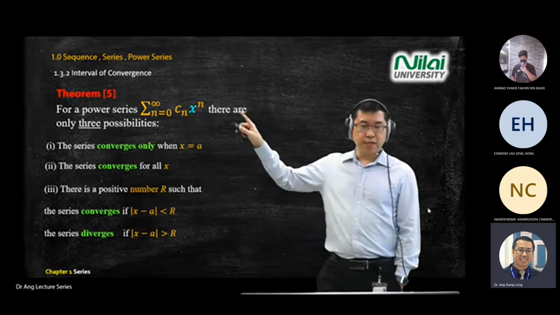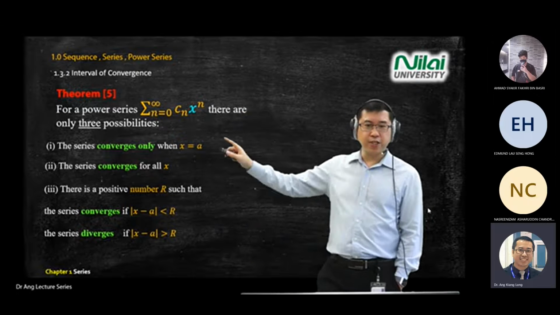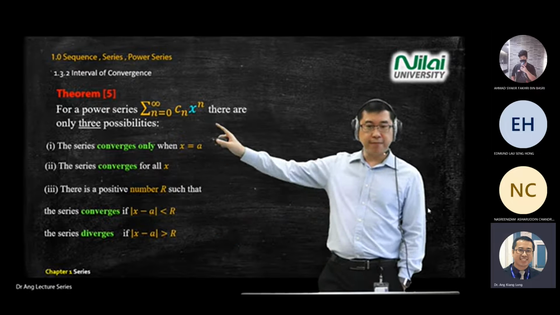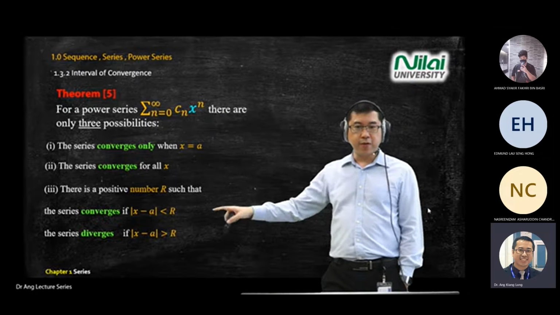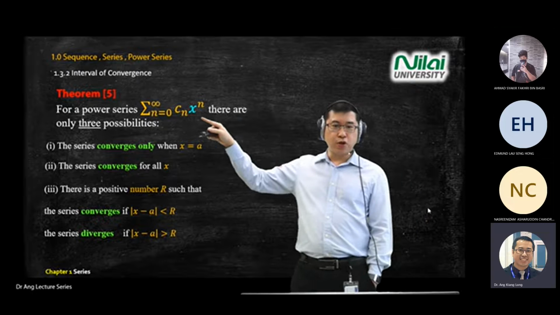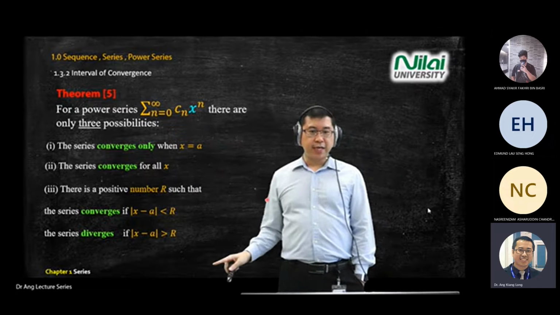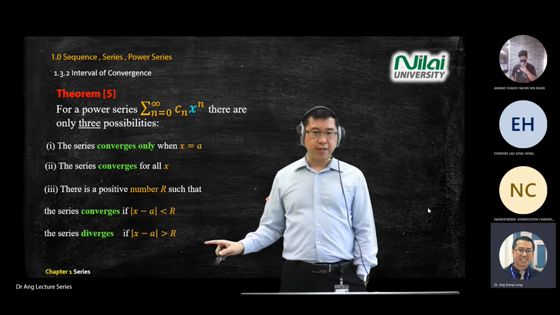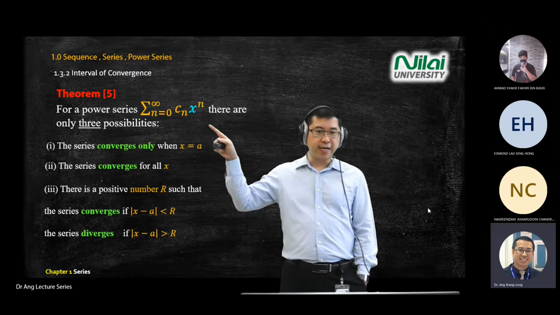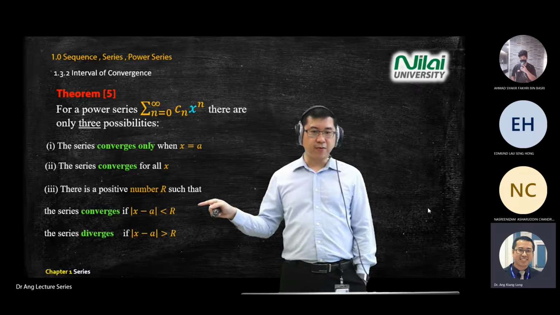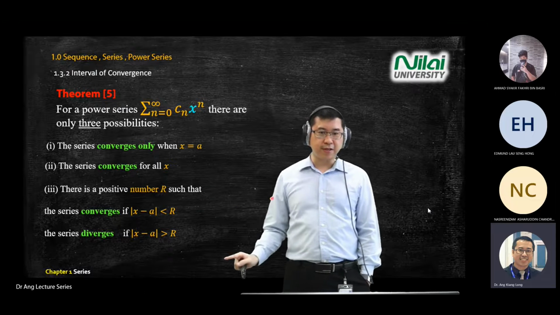So this is also another reference for you when it comes to test or quiz or final exam. So it will tell you whether your power series is converged or not. Okay, so this is a general condition. You look at the question and compare the first one, the second one, the third one, whether it meets all these criteria or not.